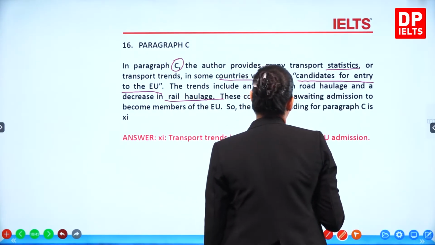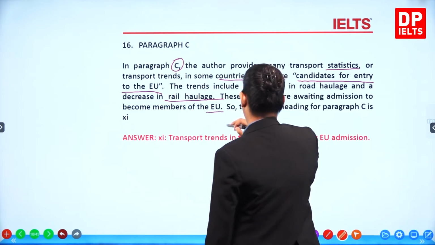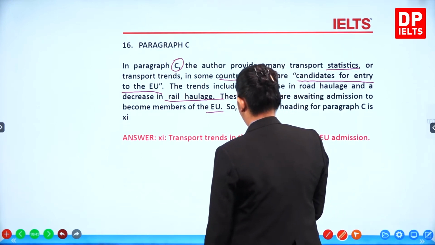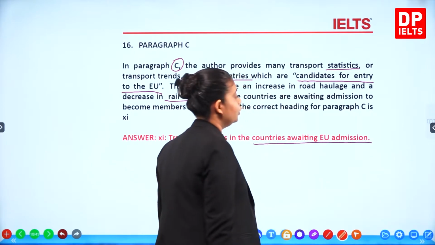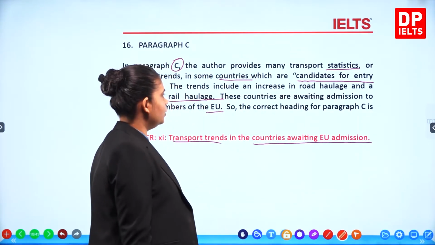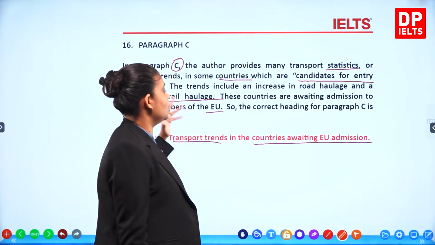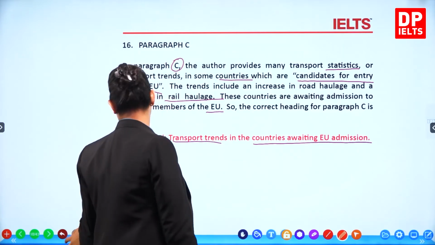These countries are awaiting admission to become members of the EU. So the correct heading for para C is definitely 11, transport trends in the countries awaiting EU admission. So when you read it, we can see that it's talking about transport in the EU. Very clear to understand.